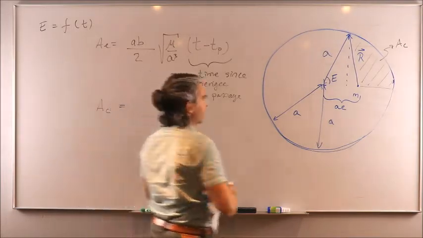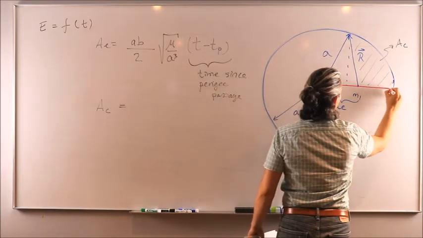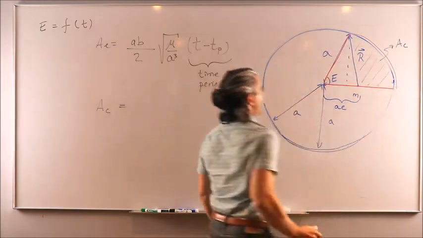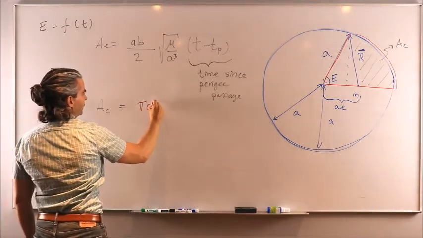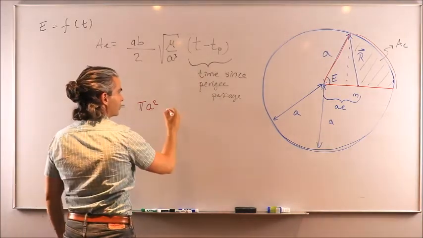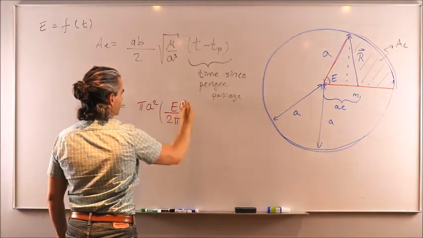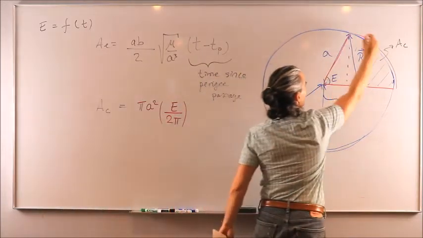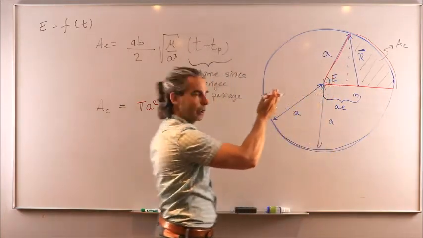The first one, in red, will be the area enclosed by this portion of the circle altogether. This is just pi a squared times a fraction of the entire circle, which happens to be the eccentric anomaly over 2 pi. So this is the area in red, which goes from the center all the way here, defined essentially by the eccentric anomaly angle.